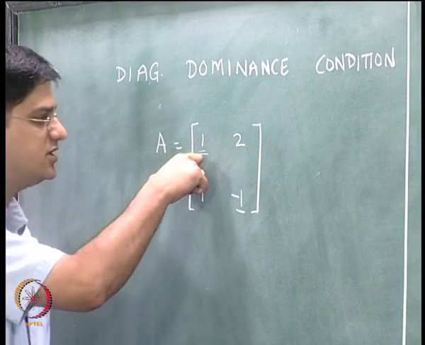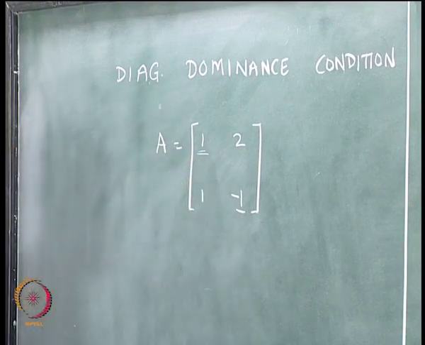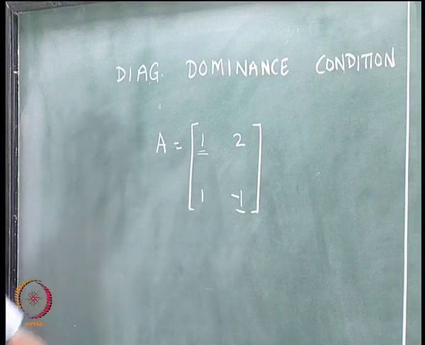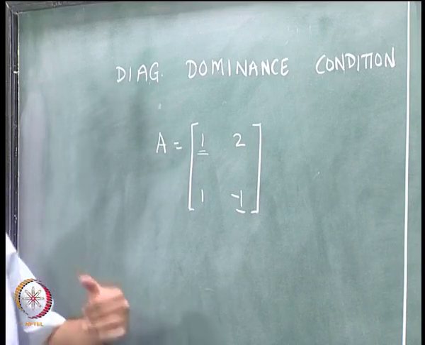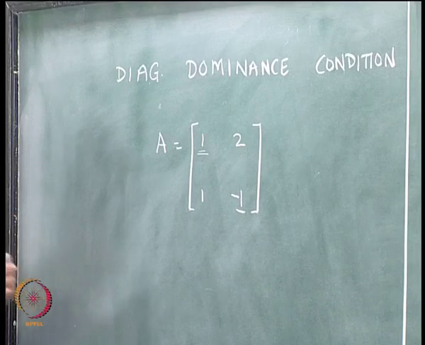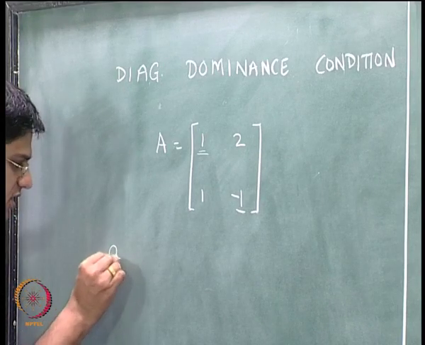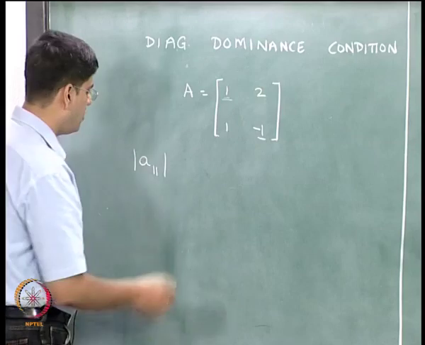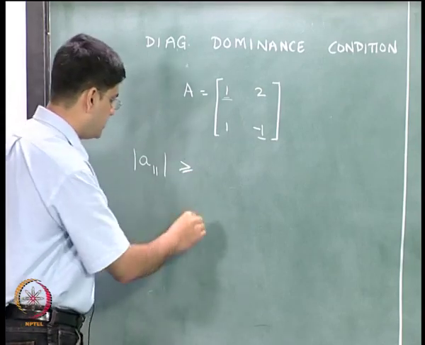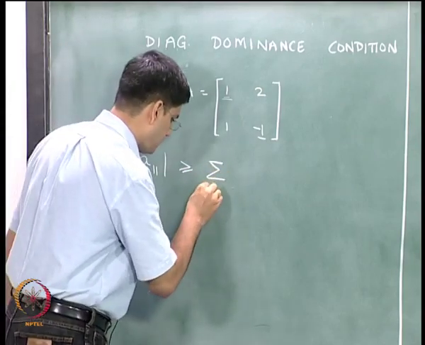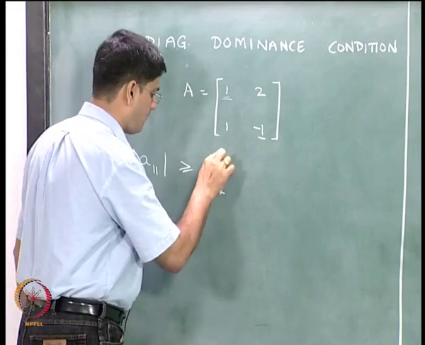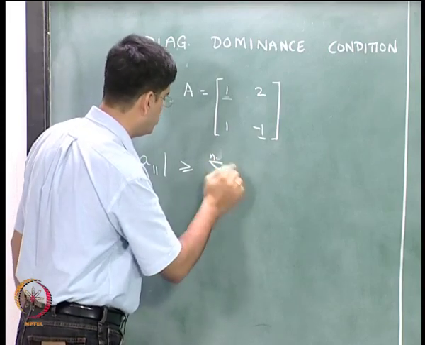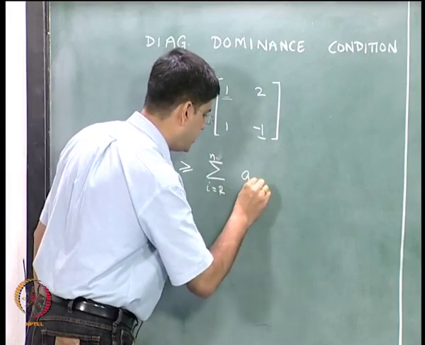Now, if the absolute value of the diagonal elements is greater than the sum of the absolute values of all the elements in that same column, in that case we say that the diagonal dominance condition is met. So, the condition is that the absolute value of A11 should be greater than or equal to the summation from 2 to n of A1i.